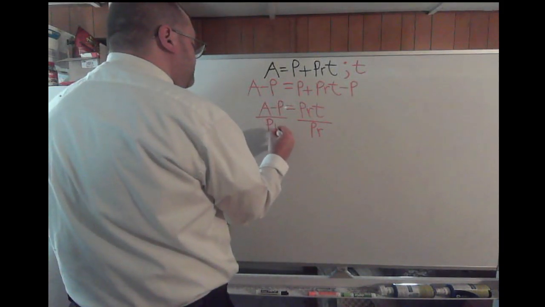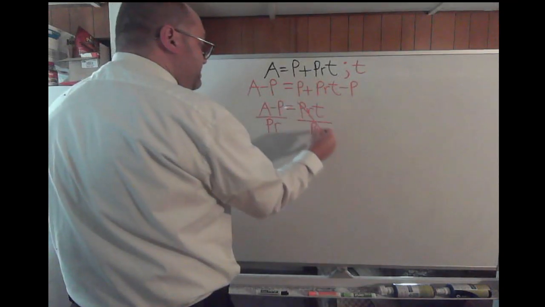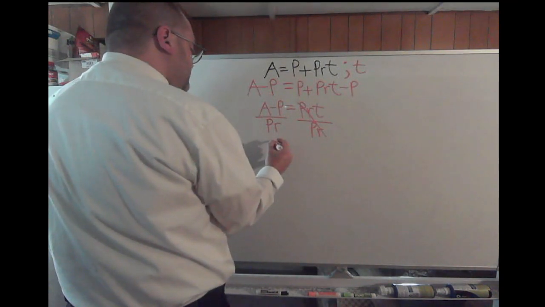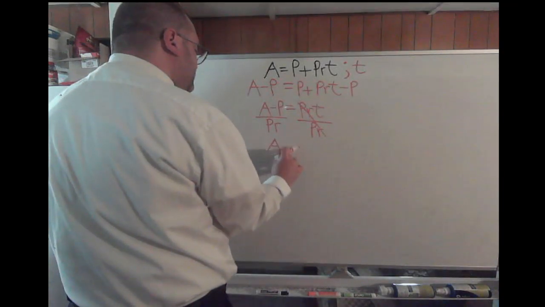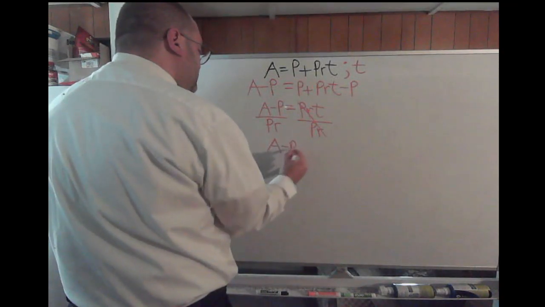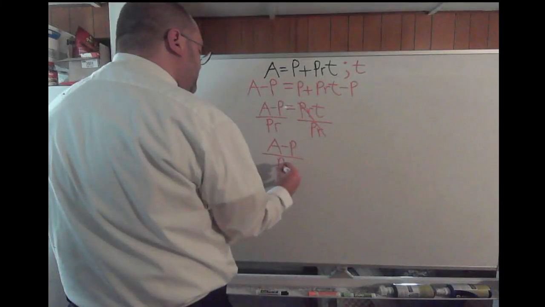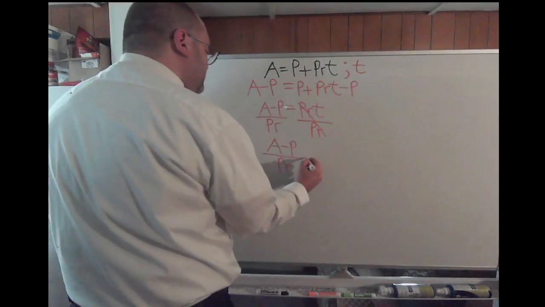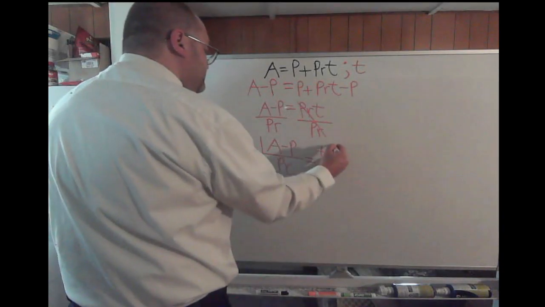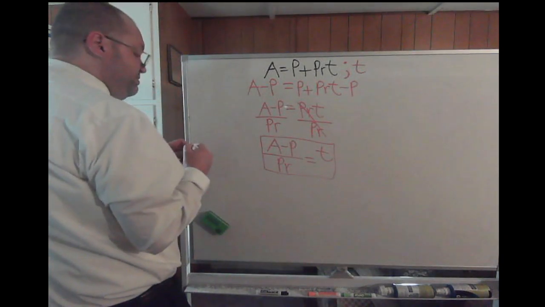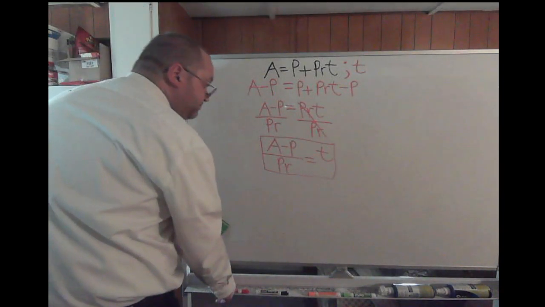So we'll divide both sides by PR. The PRs will cancel out on the right side. On the left side, you'll have a minus p all over PR. The right side, you just have t. So t equals a minus p all over PR.